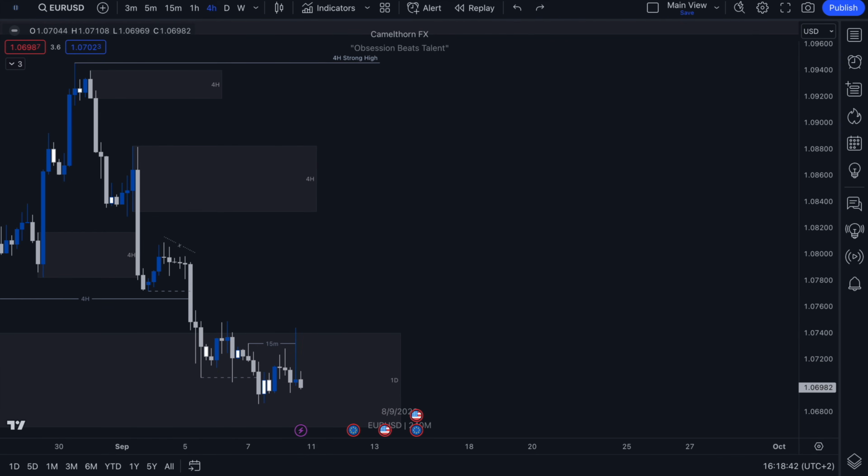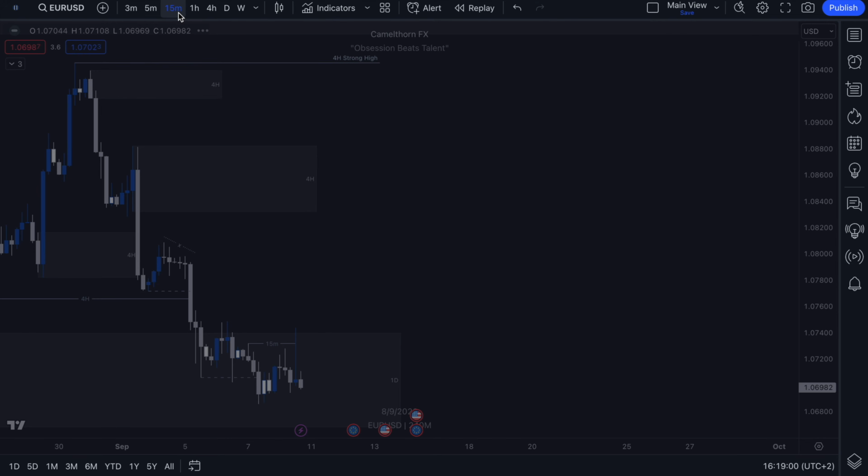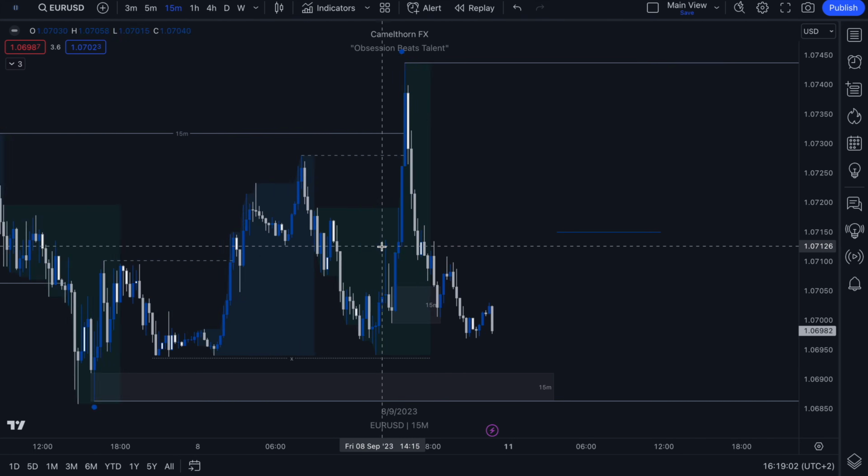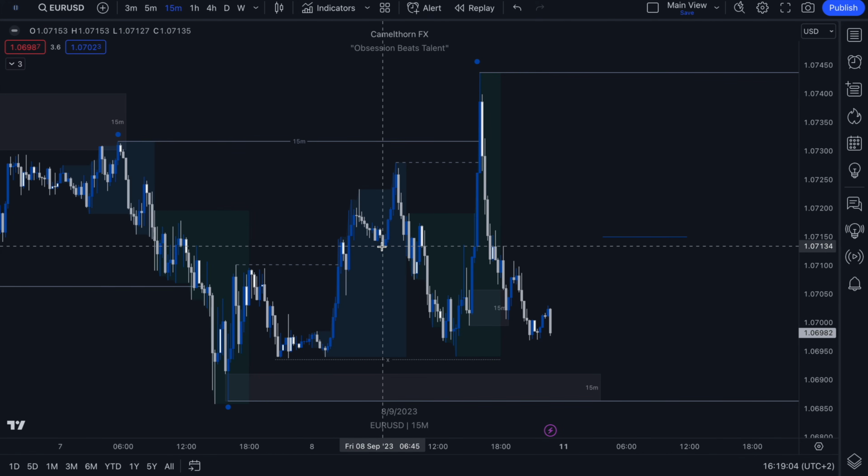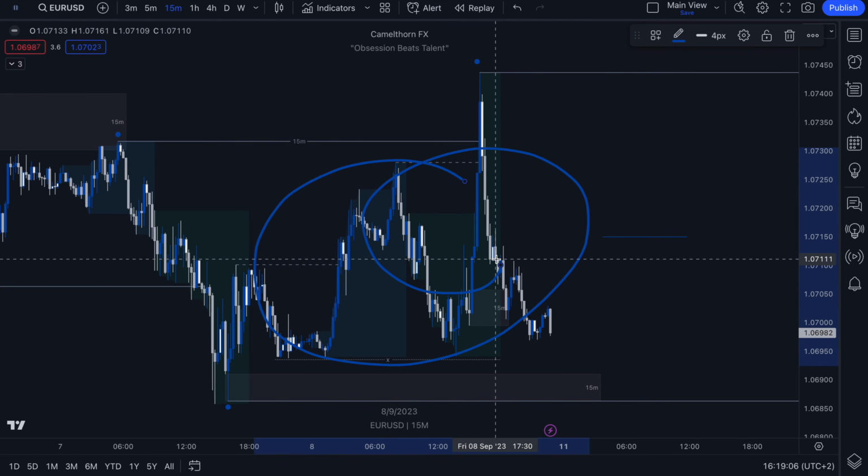If you compare this 15-minute break in here to this internal break in here, which is also a 15-minute violation, you'll notice that on the 4-hour time frame, you don't actually have a candle close. And that is why, as much as we have seen a bullish break of structure here on the 15-minute, I'm not quite regarding this as the true starting point of my 4-hour pullback phase.